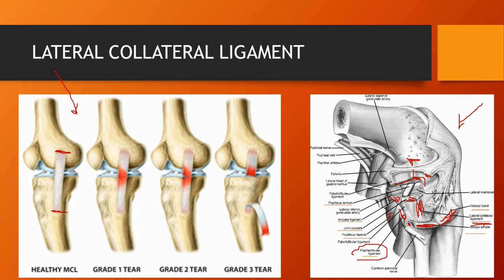And then finally we have the popliteus tendon running from the popliteus muscle right through in this structure here. So these are the innermost stabilizers to lateral varus forces and posterolateral forces of the knee.